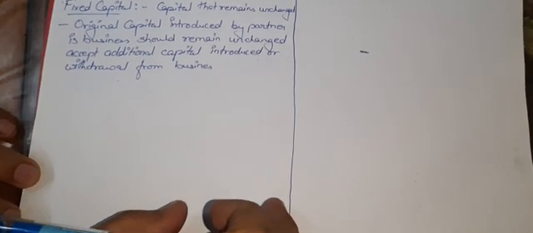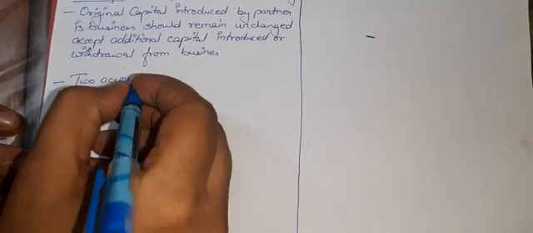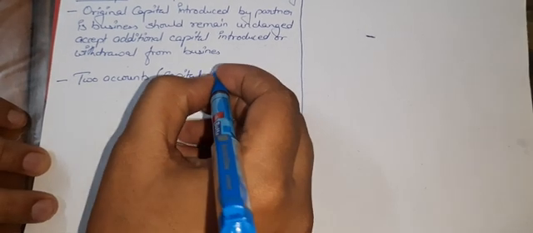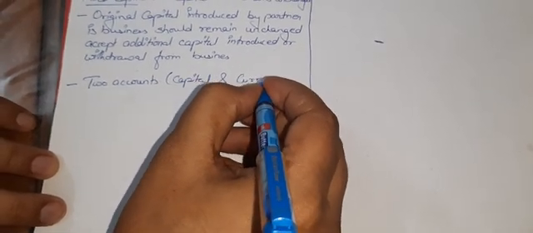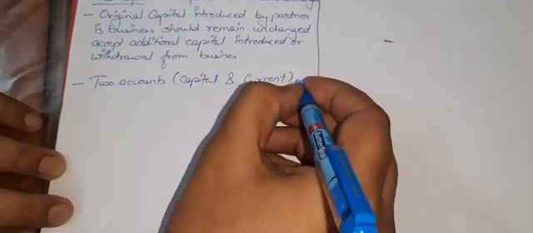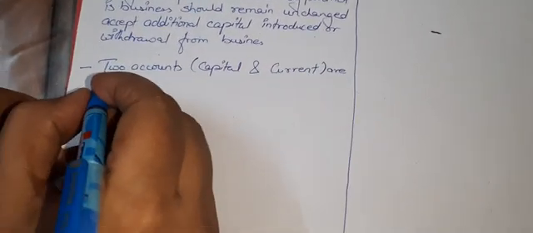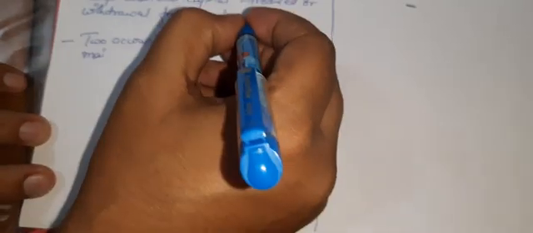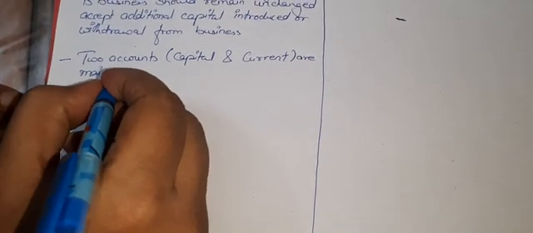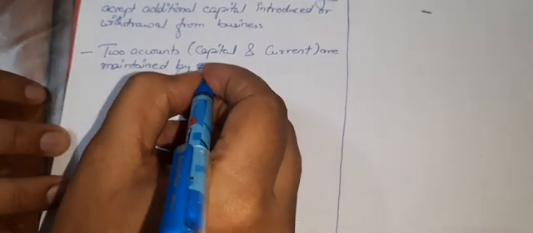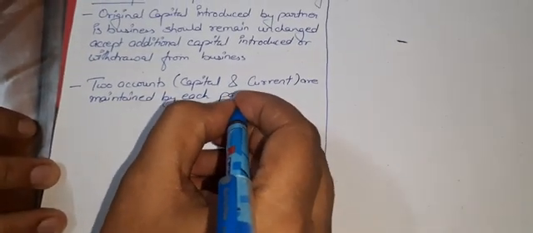So in a fixed capital, we make two accounts. Two accounts, capital and current, are maintained by each partner.